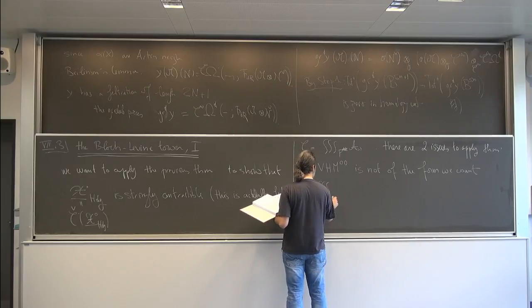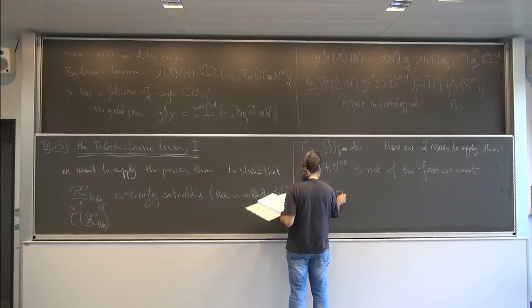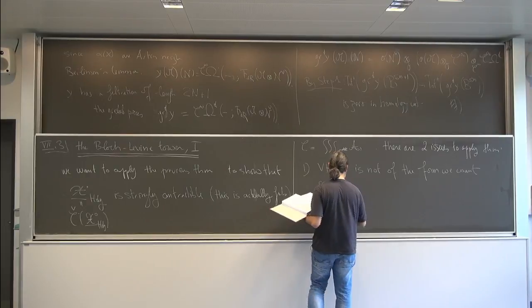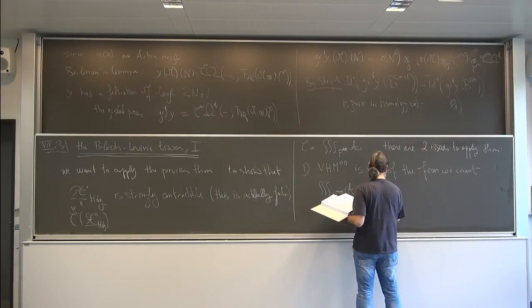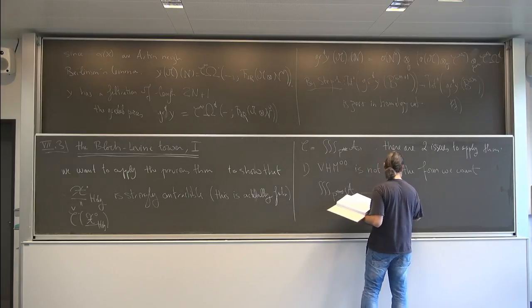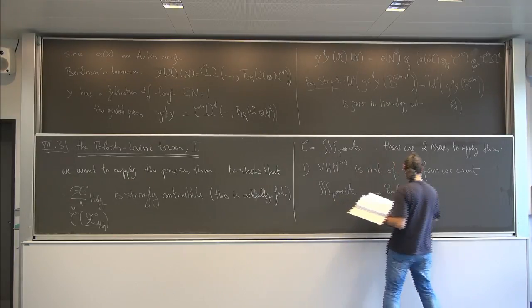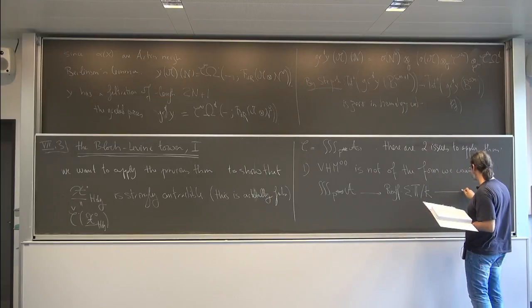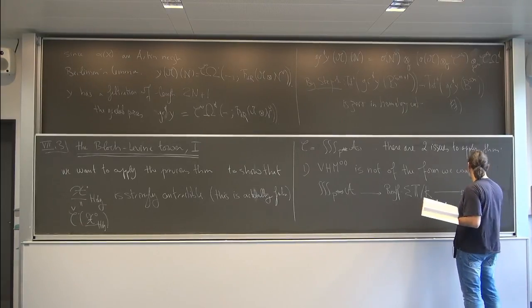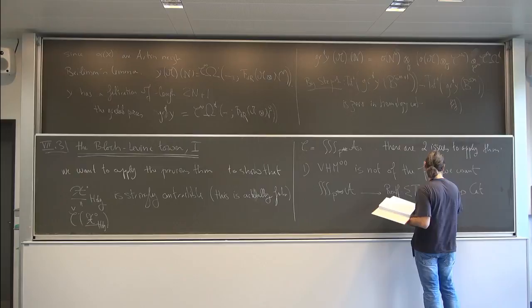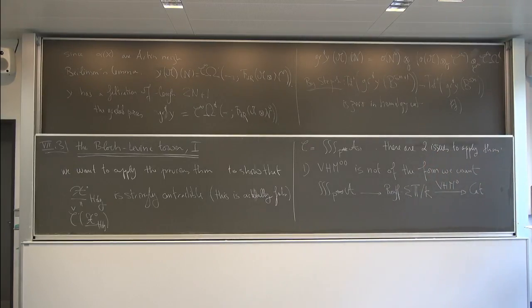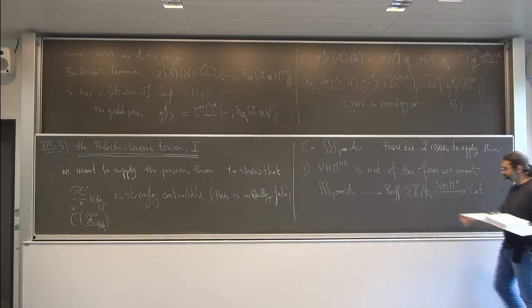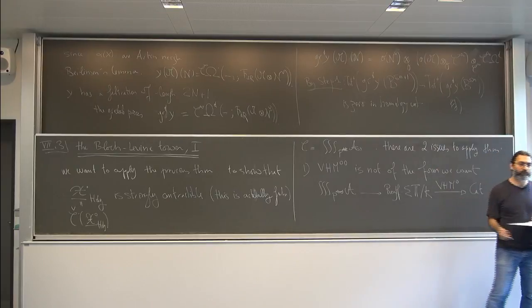We have a functor from this category to the category of regular finite type stratified tangential morphisms, and then we compose with VHM. VHM is on an open stratum.